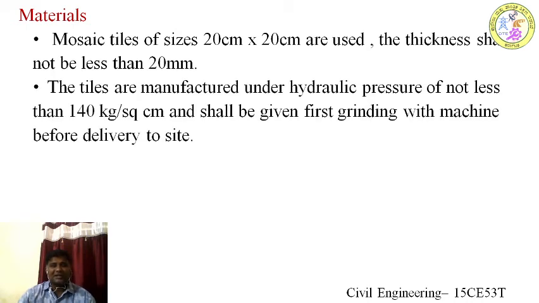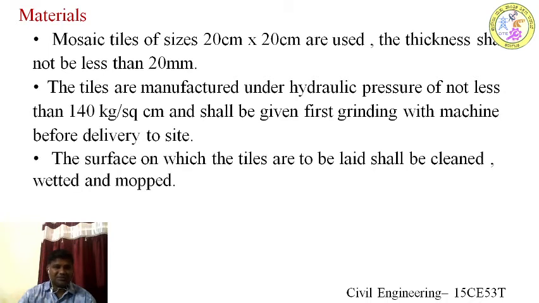These tiles are manufactured under high hydraulic pressure, that is, ceramics, glass particles and stone chips are heated at a higher temperature, mixed together, and pressed using hydraulic force at not less than 140 kg per square centimeter. Then initial polishing or grinding is done in the factory itself, before coming to the site, to get an even and smoother finish.